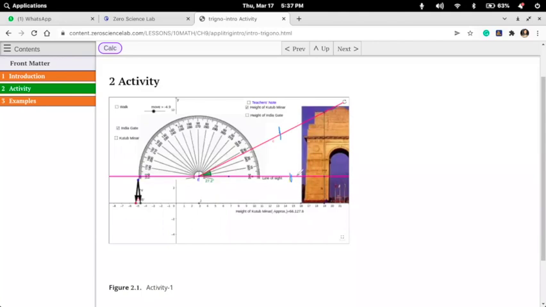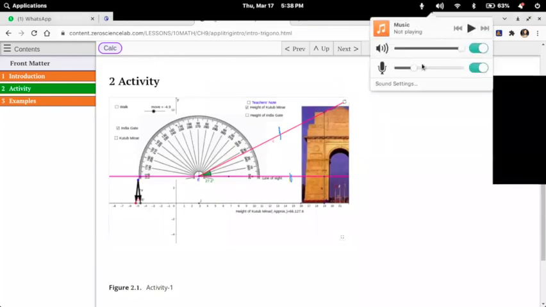Sir, your voice is breaking, sir. I can't hear. Sir, you're not audible. Okay, now? Am I audible now? Sir, your voice is low, sir. Even the microphone is at maximum. Okay, at least now?